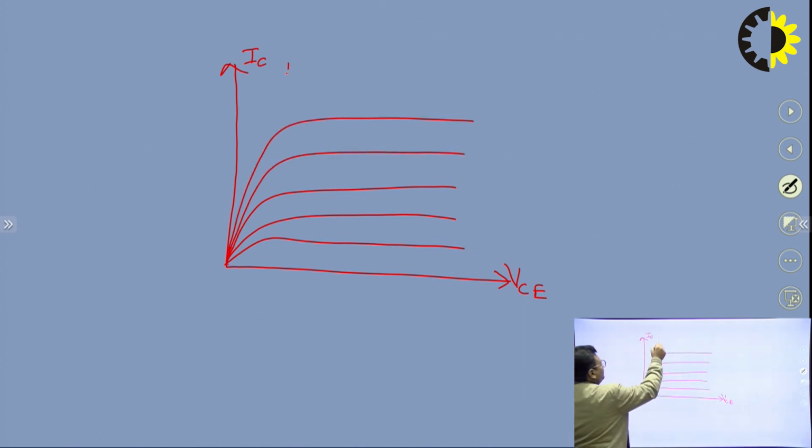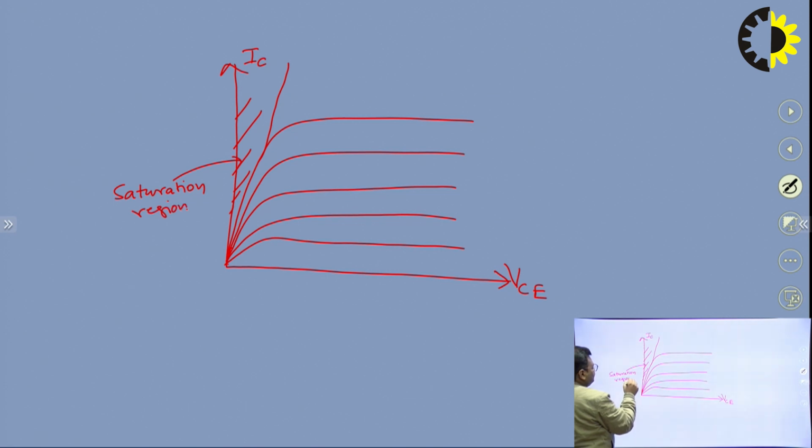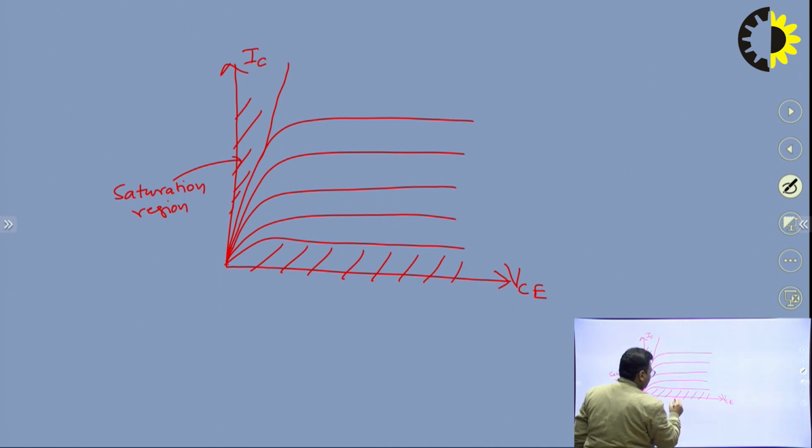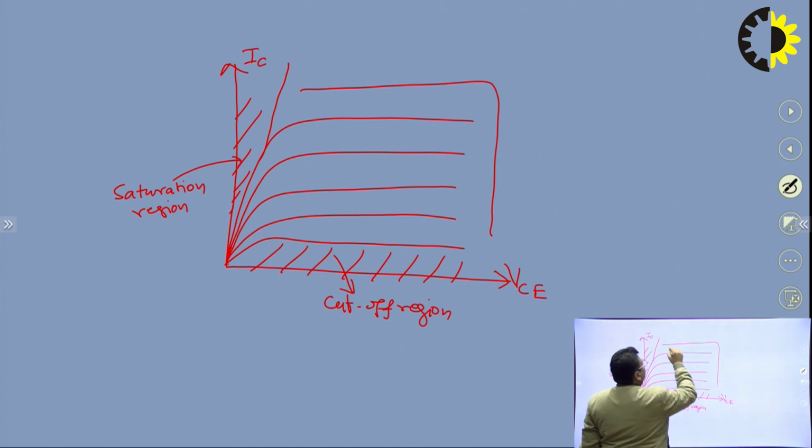We know that this region is called saturation region, then this region is called cutoff region, and again this region is called active region, right?